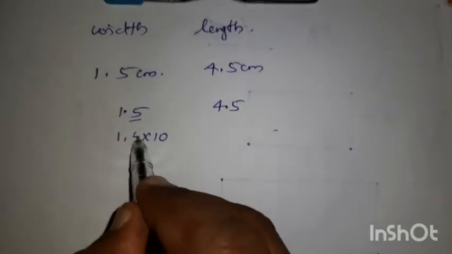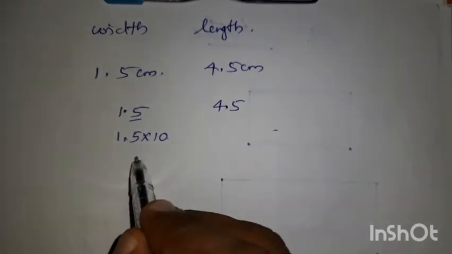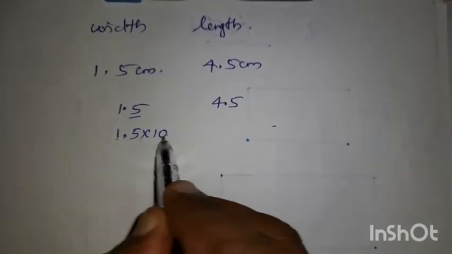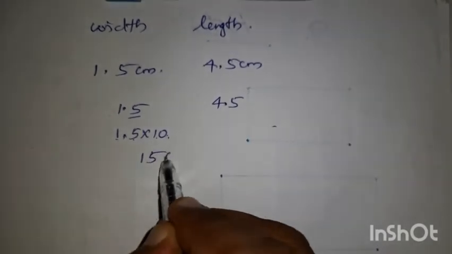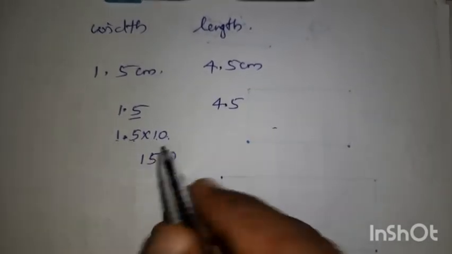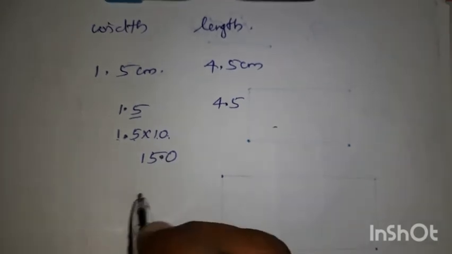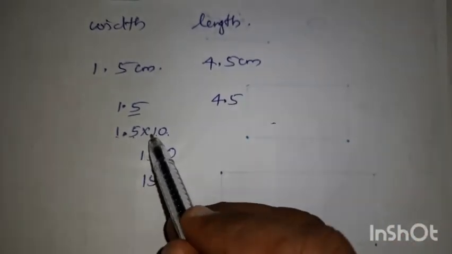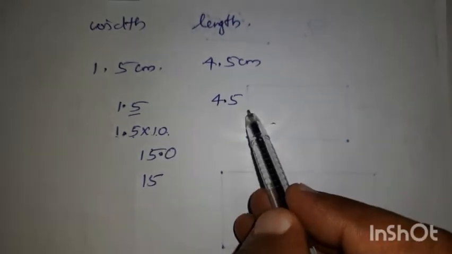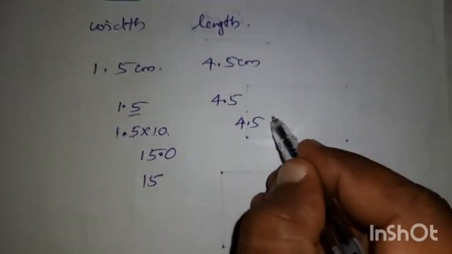So 1.5 into 10. How much are you getting? 15 into 10 is 150. Here how many decimals? 1 decimal. So it is 15. Same here also you have to multiply. If you multiply by 10 here, you have to multiply by 10 here also. So 4.5 has 1 decimal.